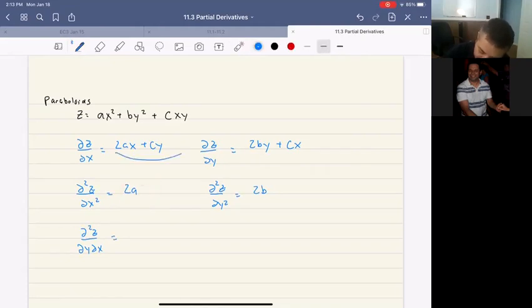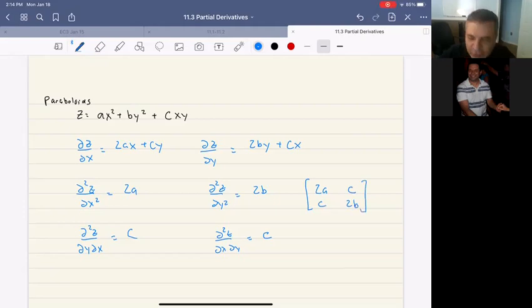I'm sorry, this with respect to y is going to be c. That's also c. So we represent this with a matrix: 2a, c, c, 2b. This is the representation of the second derivative.